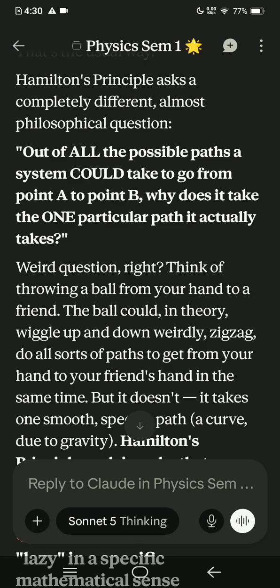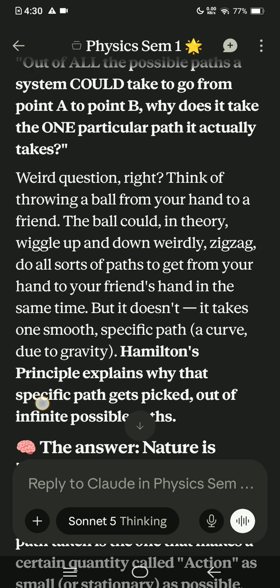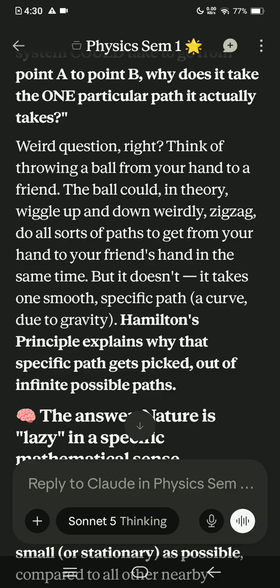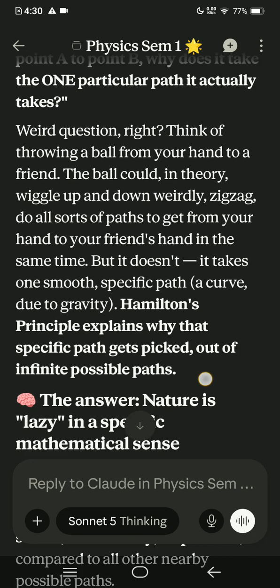The ball could, in theory, wiggle up and down, weirdly zigzag, do all sorts of paths to get from your hand to your friend's hand in the same time. But it doesn't. It takes one smooth, specific path, a curve due to gravity. Hamilton's principle explains why that specific path gets picked out of infinite possible paths.